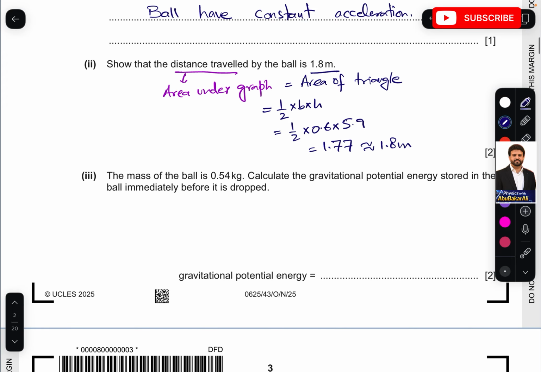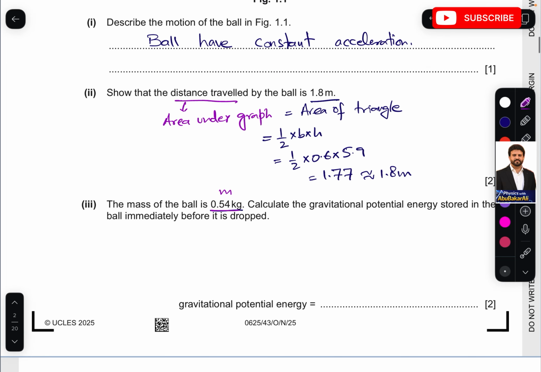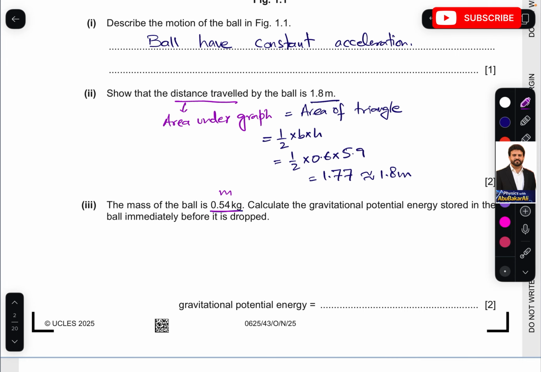Let's move forward. The mass of the ball is 0.54 kg. Calculate the gravitational potential energy stored in the ball immediately before it is dropped. You have to find gravitational potential energy. The relation is mgh. Now we just have to put in the values.